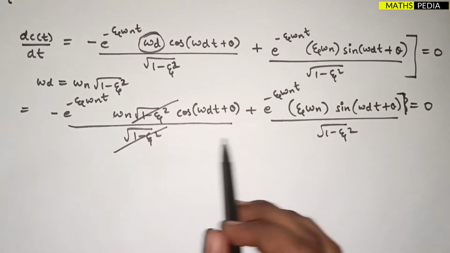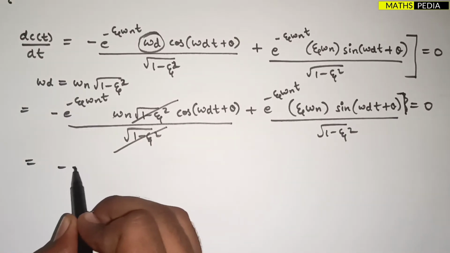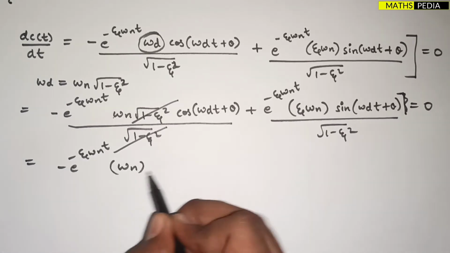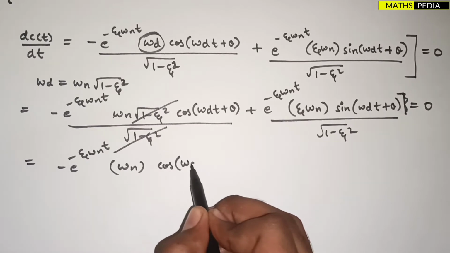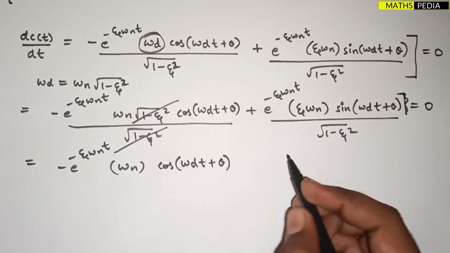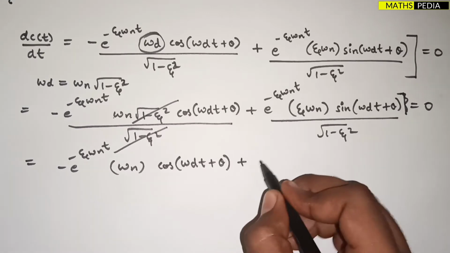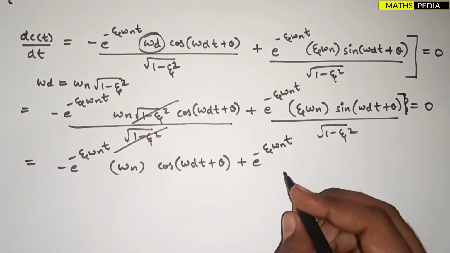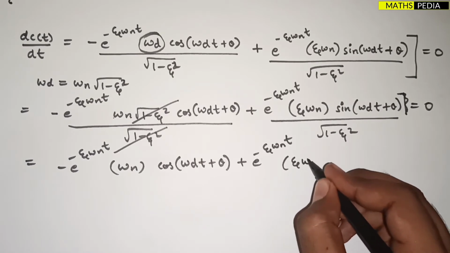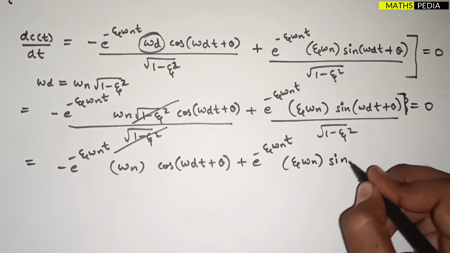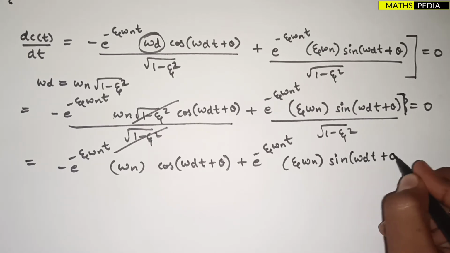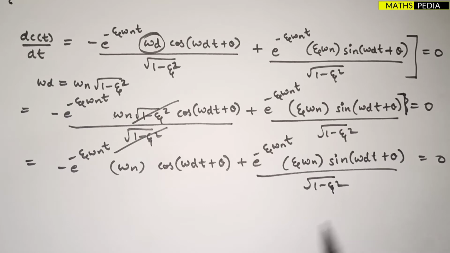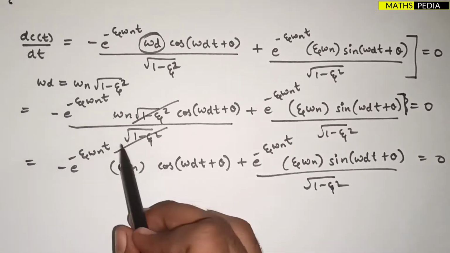Now next thing what I can do, I'll just write it, minus e power minus zeta omega n t into omega n into cos omega dt plus theta plus e power minus zeta omega n t into zeta omega n sine omega dt plus theta. Now that is equal to 0. Only for this we have 1 minus zeta square, correct? For this we don't have, it got cancelled.